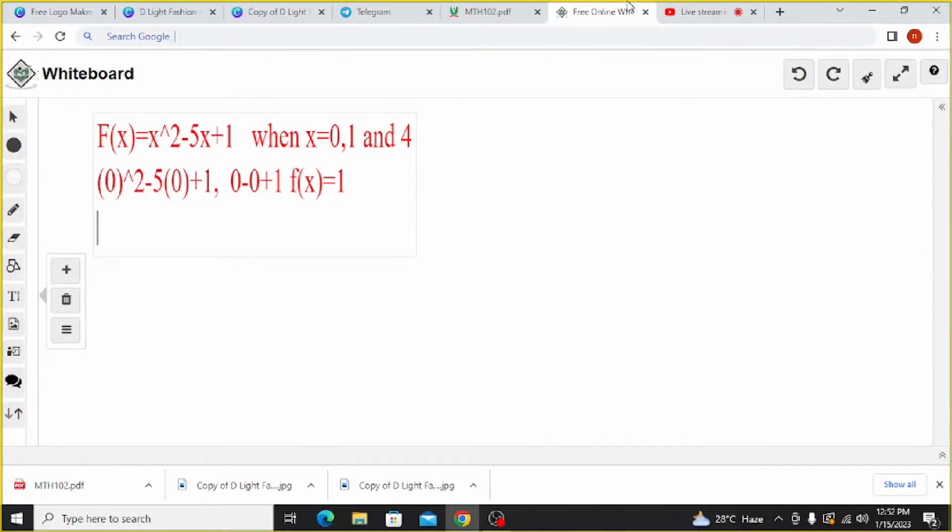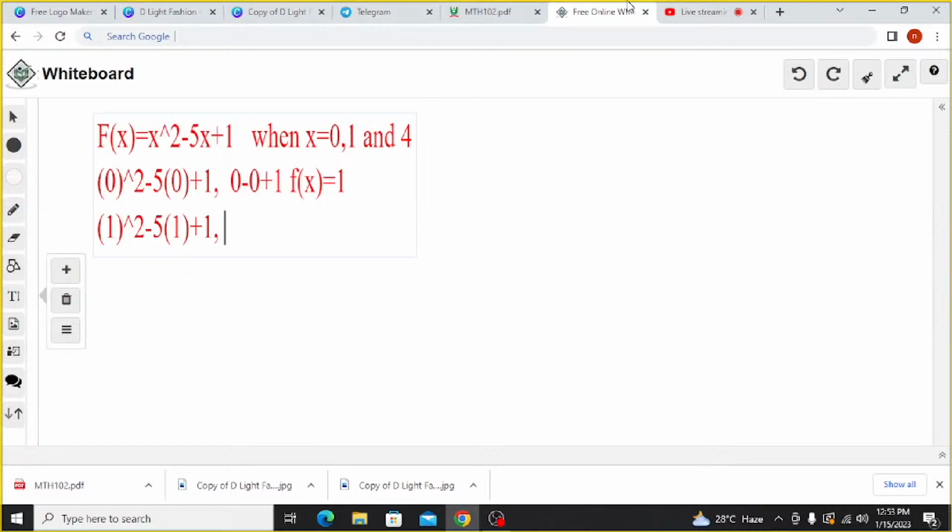So the second one, now equals 1 square minus 5 times 1 plus 1.